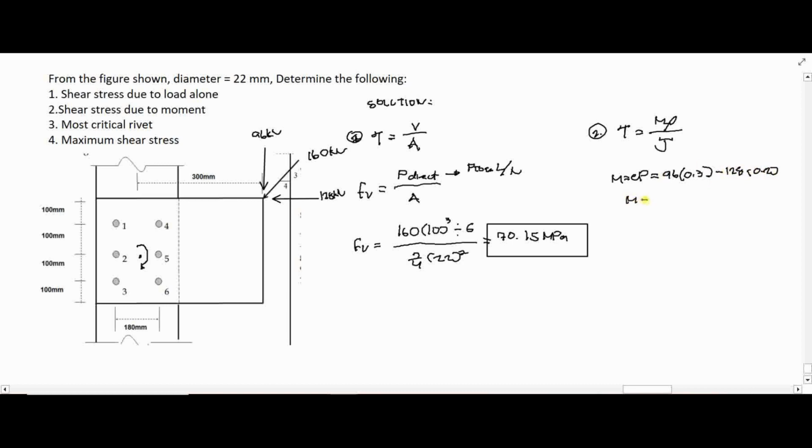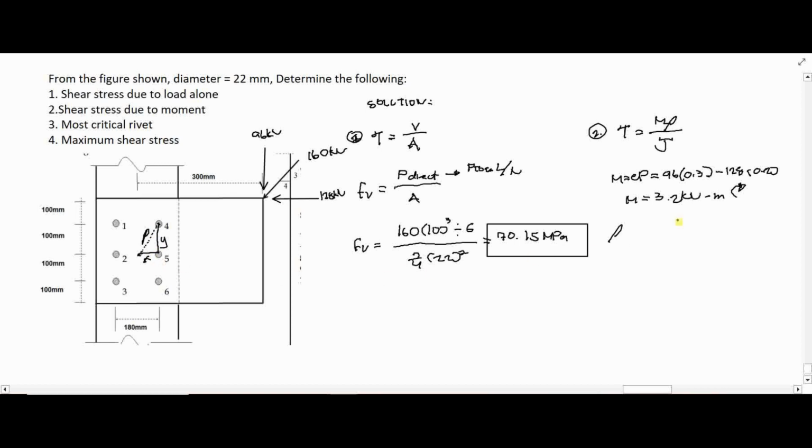So our resulting moment is 3.2 kilonewton meters, in the clockwise direction. Our rho here, from the center of gravity, will be this one. This is our x, and this will be our y.